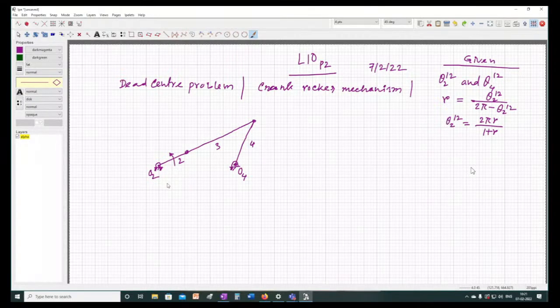So the other position we will get by, suppose I choose this point from here. It is rotated to this point.